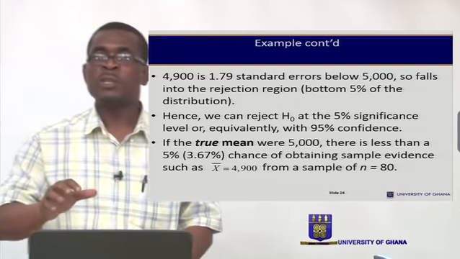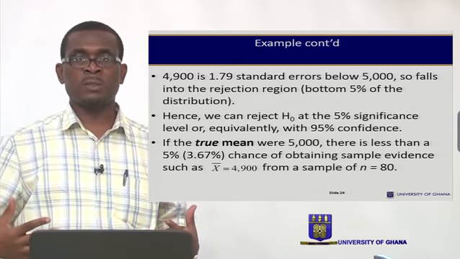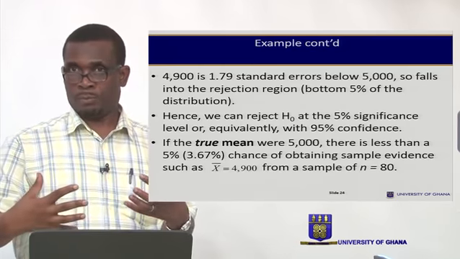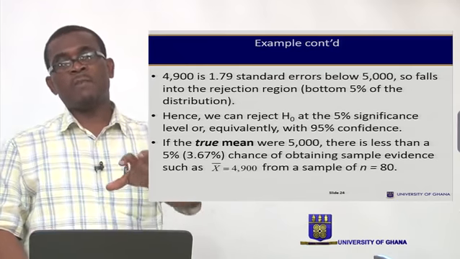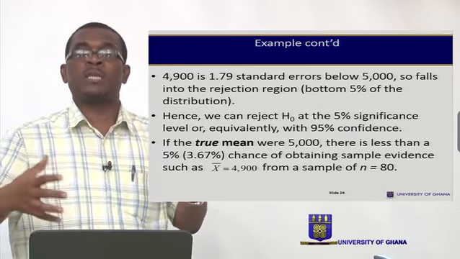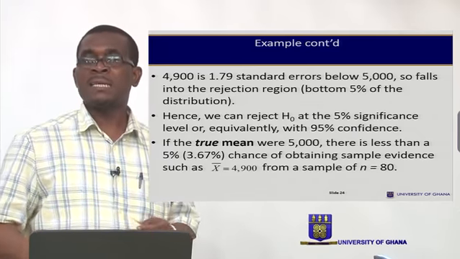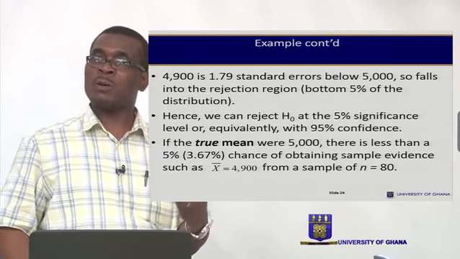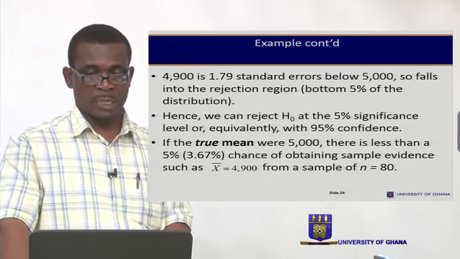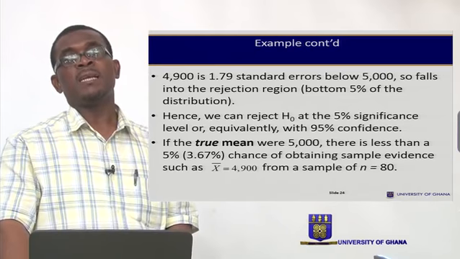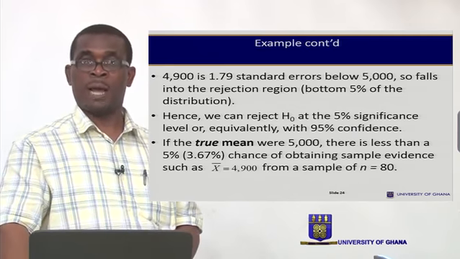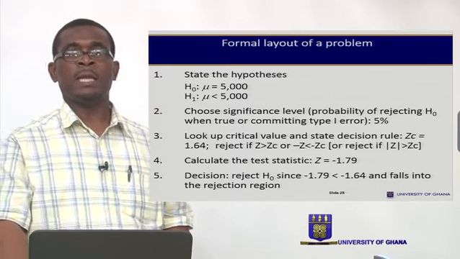Let's get this straight. We're making this decision with an error level that we're willing to accept of 5%. But given what we've obtained, the error level we are actually obtaining is 3.67%, which is less than what we're willing to tolerate. For this reason, we reject the null hypothesis and say that the mean life of the CFL bulbs is actually less than 5,000.